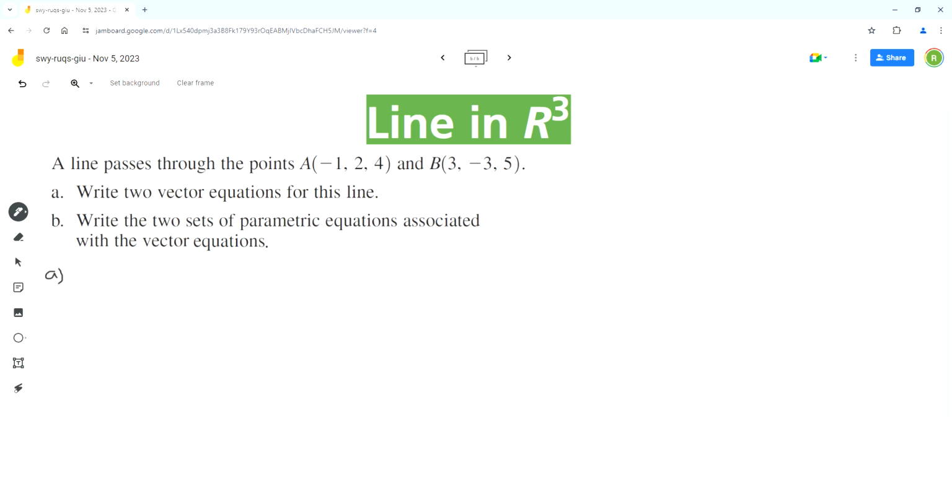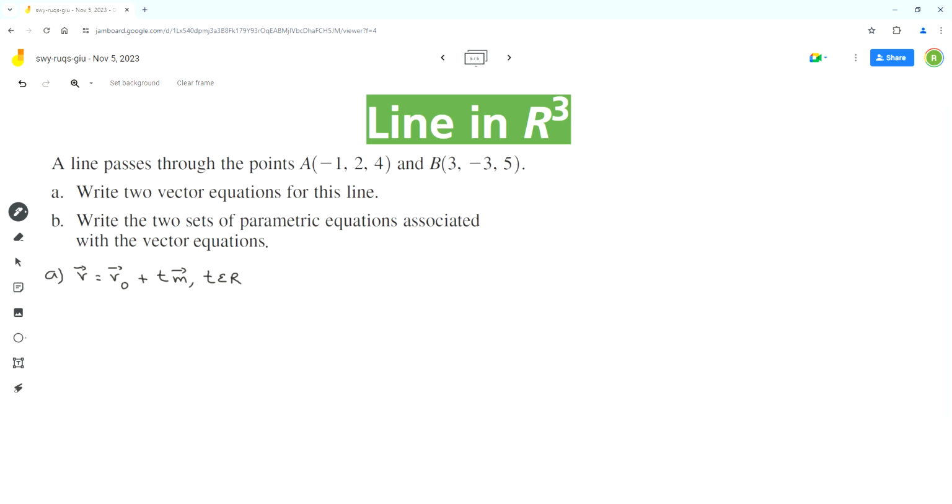We should start by writing the general equation of a line in vector form. In this equation, vector r represents the position vector of an unknown point that lies on the line.